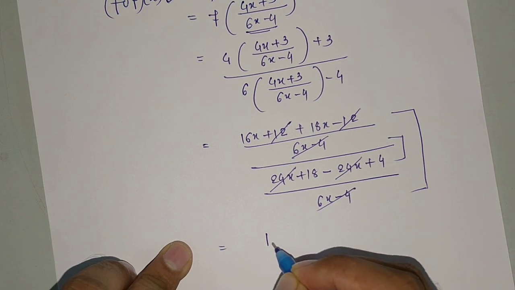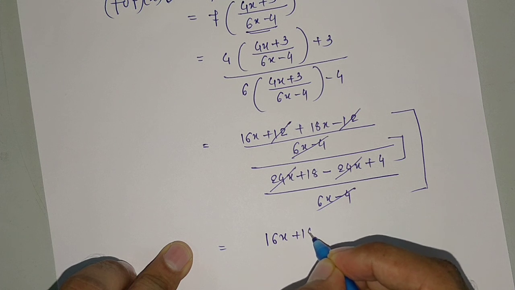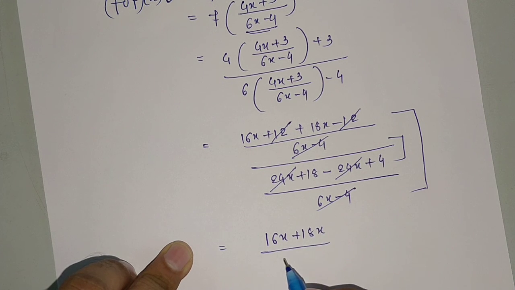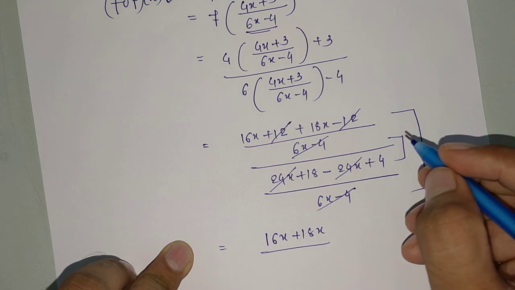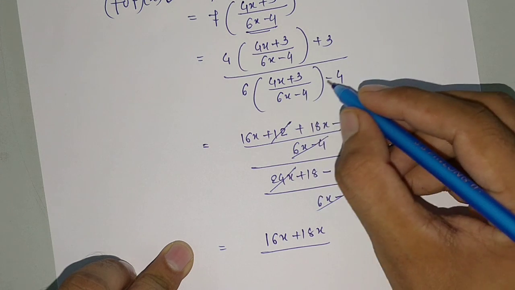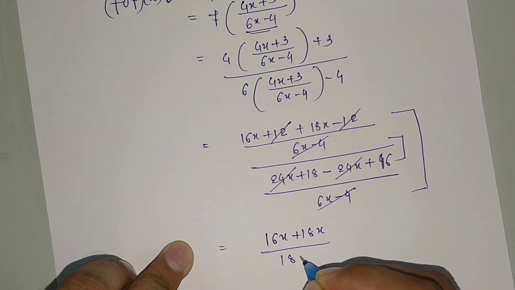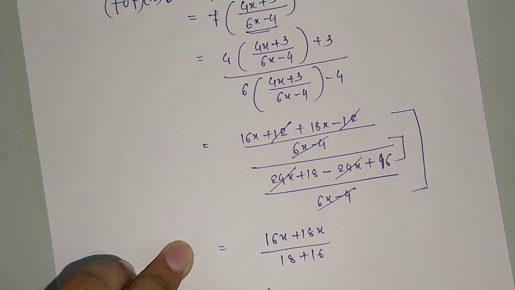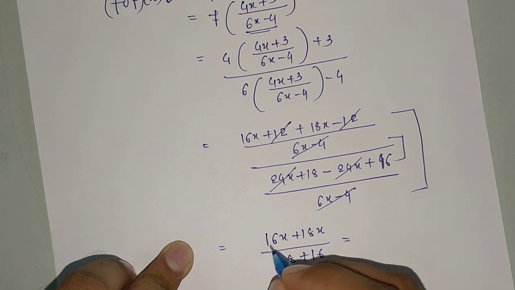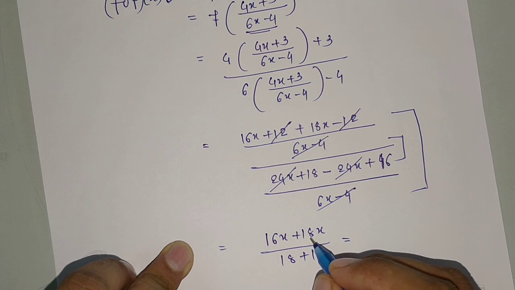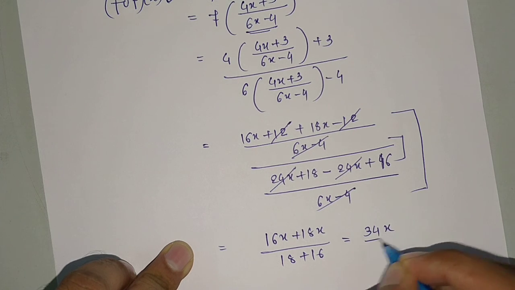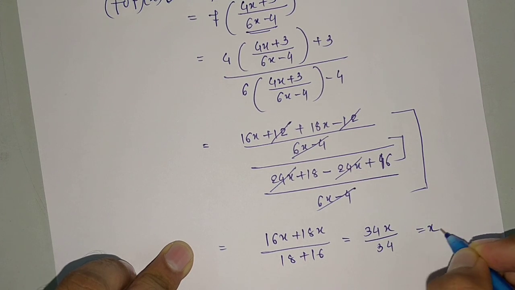So what will remain? In the numerator 16x plus 18x, sorry, this is 16, see my mistake, and in the denominator 18 plus 16, so I'll get 34x upon 34, so I'll get x.